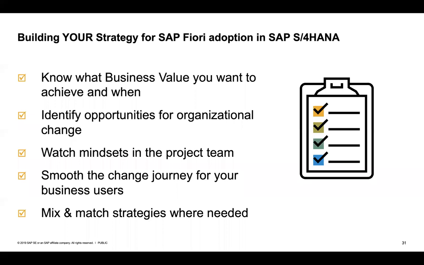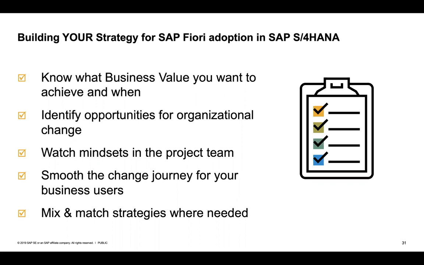So to leave you a few thoughts, the way I put this is, look, there's lots of ways you can handle your Fiori adoption. There's lots of ways to manage the pace of change. You need to think about what's the business value you're trying to achieve. What's your sponsor after? What are your business stakeholders after? What are you trying to encourage? Where are the opportunities for change?